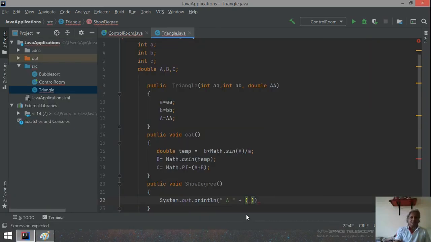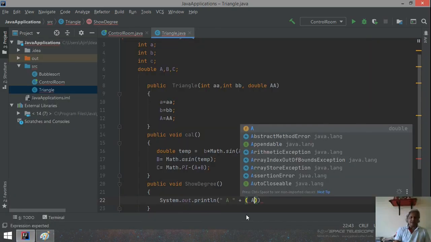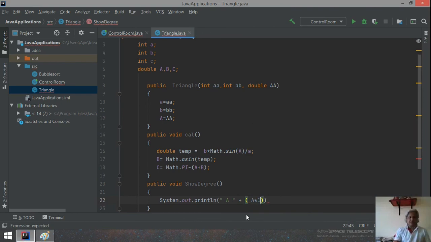So I write A into 180 divided by math.pi. So it is done.